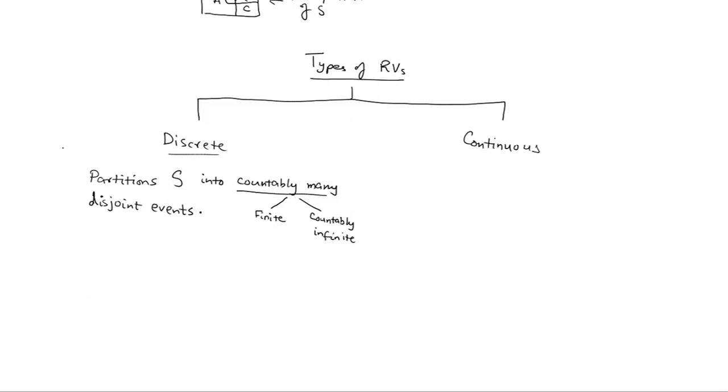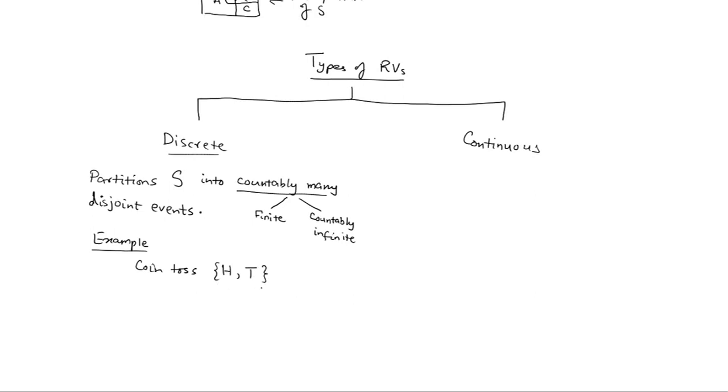Let me give you an example. In fact, you've been studying these examples from day one. Coin toss. Any random variable based on a coin toss, the coin toss partitions the sample space into head and tail.